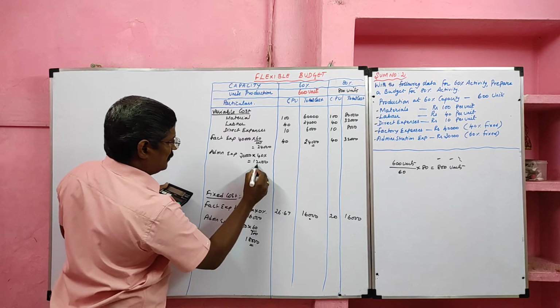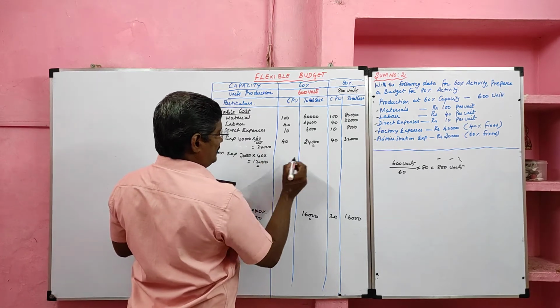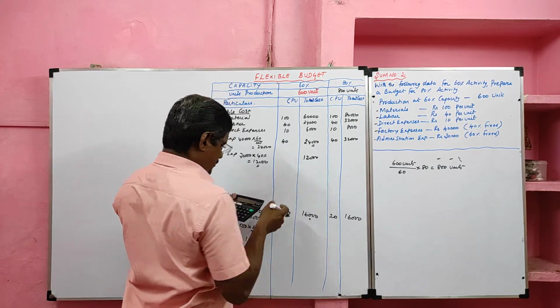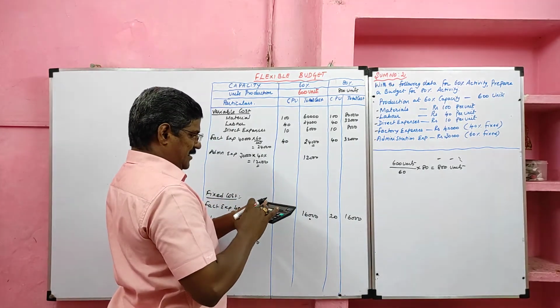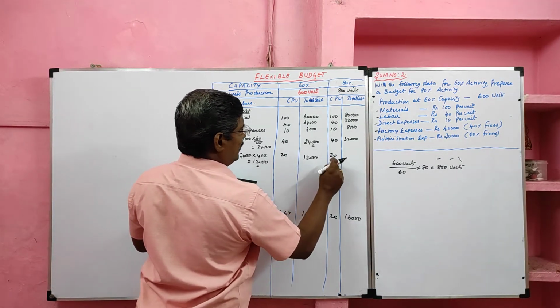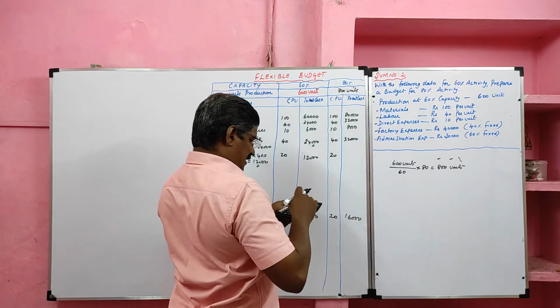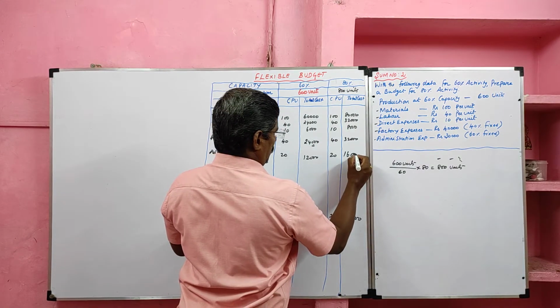For variable cost we have to find cost per unit: 12,000 divided by 600 gives 20. The same 20 we write here. 20 into 800 gives 16,000 rupees.